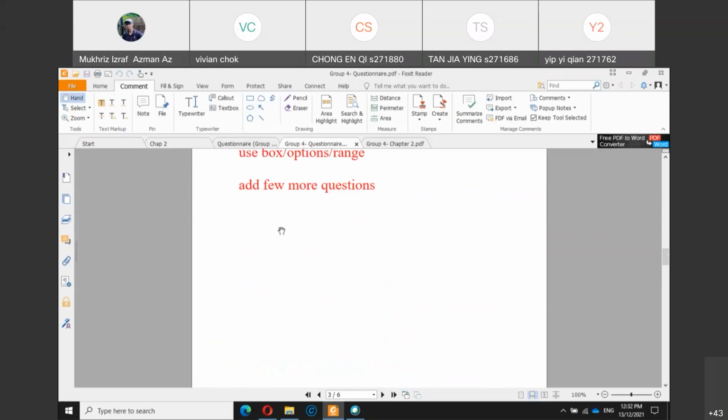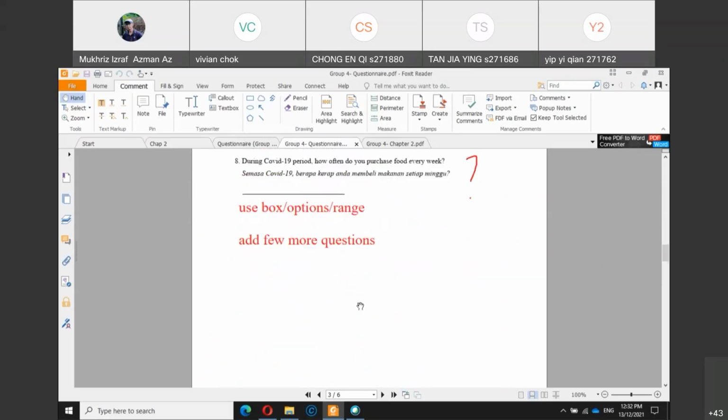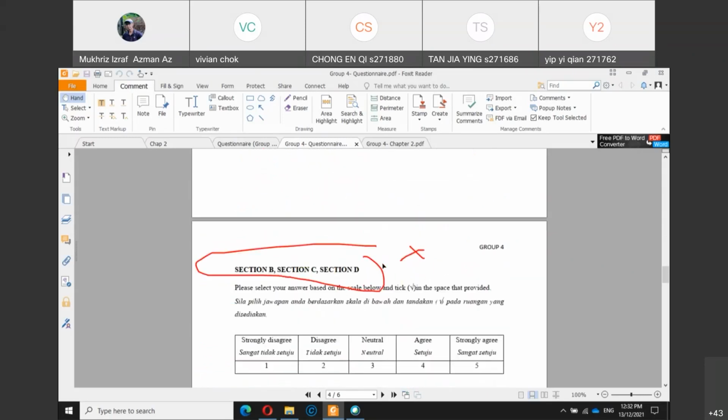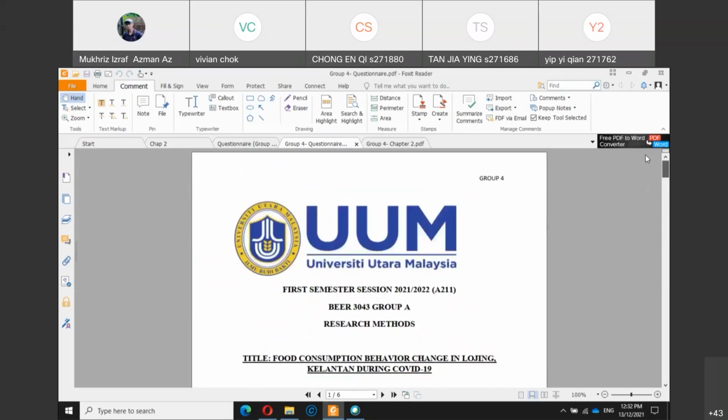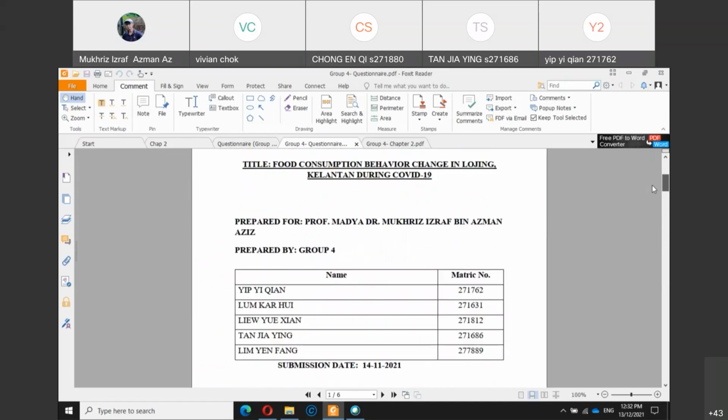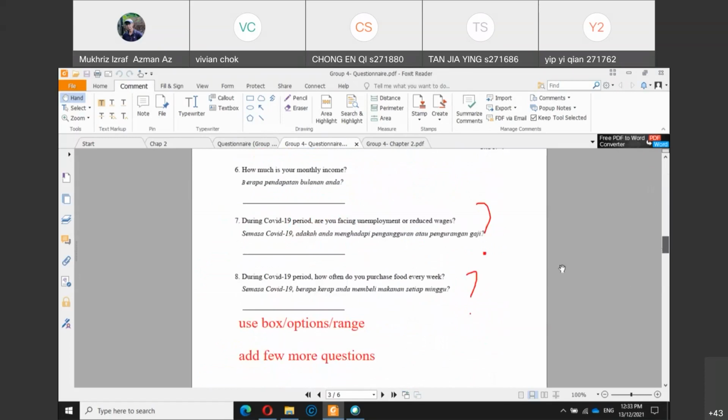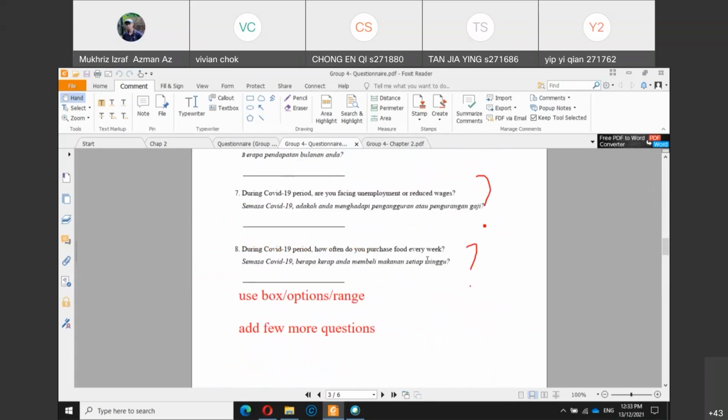So this question you need to change, it's just confusing. If you want to ask questions about food consumption behavior during COVID-19, you must know the behavior before COVID-19, then you can see if there are any changes. But if you simply ask during COVID-19 how often do you purchase food every week, even I myself only purchase maybe once every 2 weeks.